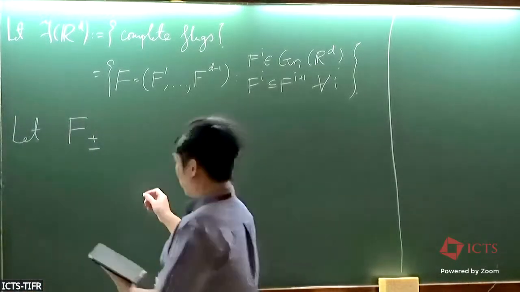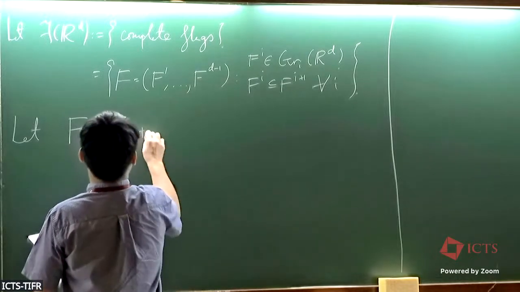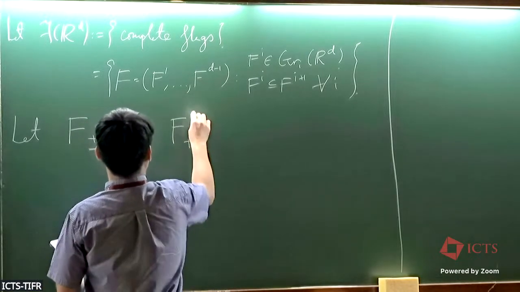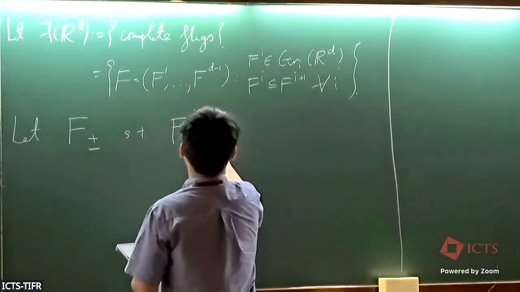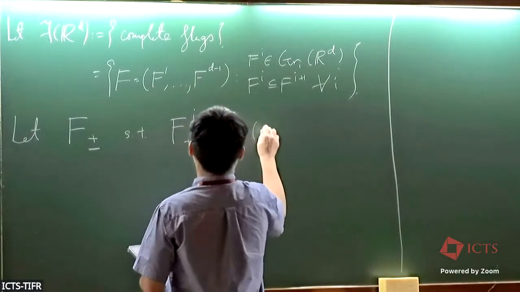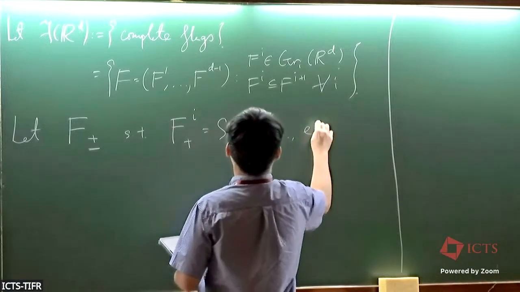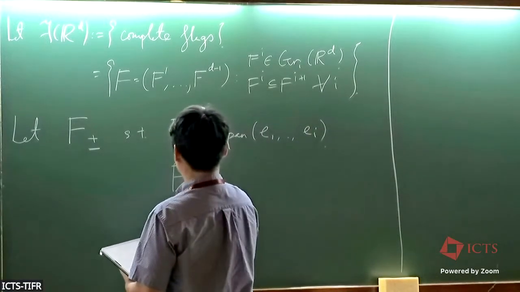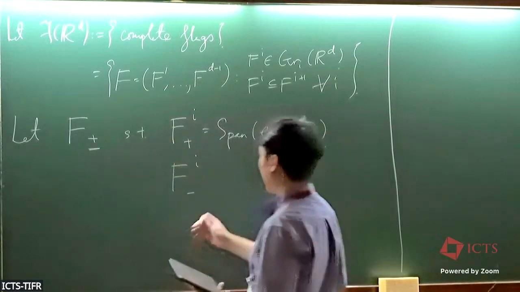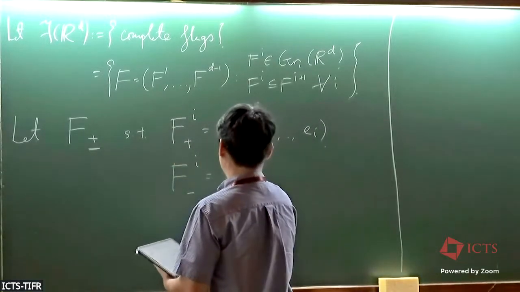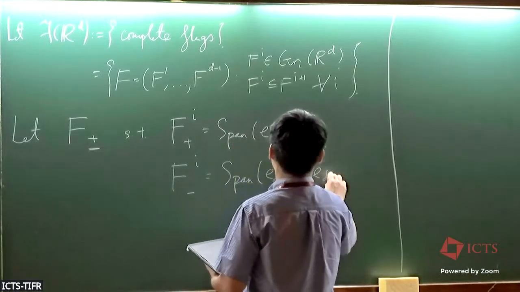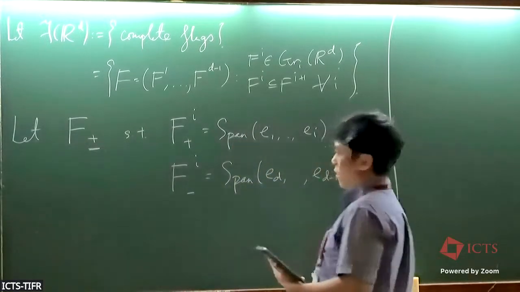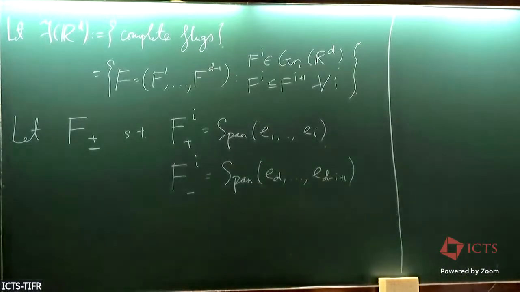F plus is the flag whose i-dimensional piece is the span of the first i standard basis vectors of R^d, and F minus is the flag whose i-dimensional piece is the span of the last i standard basis vectors of R^d. Okay, some standard pair of flags.